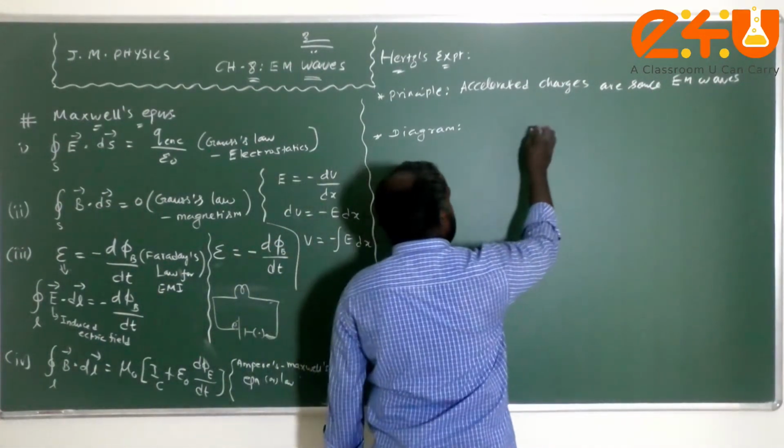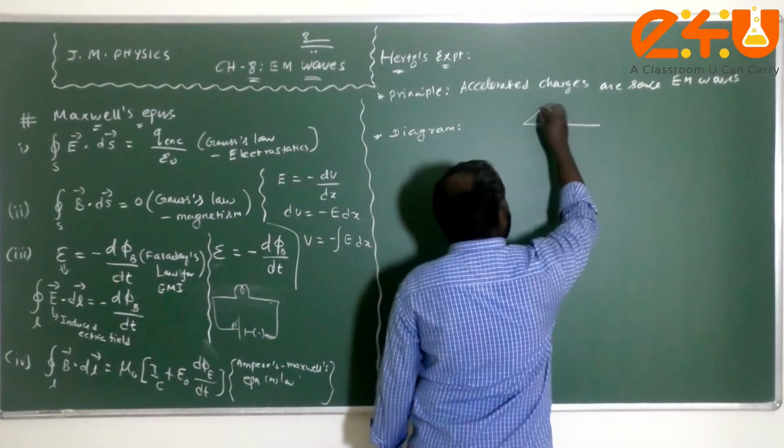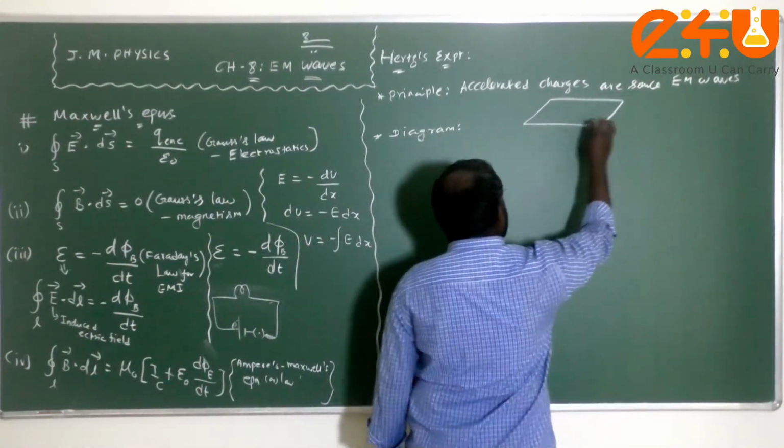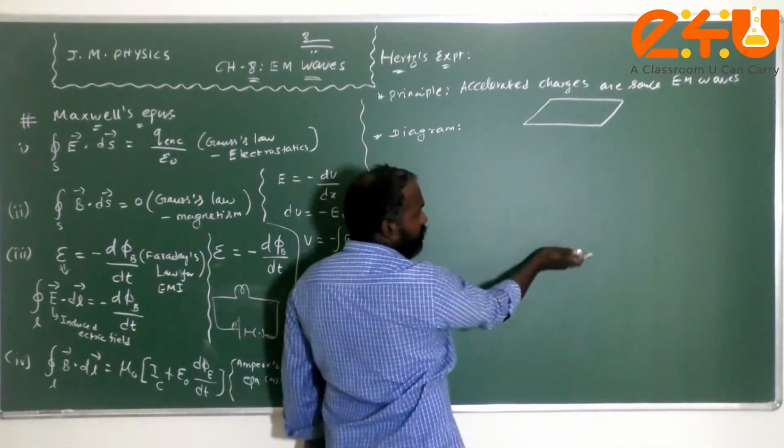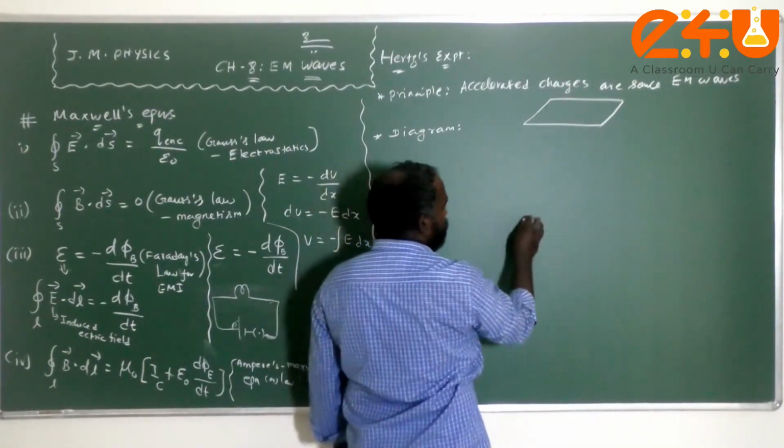In the diagram, you see there are insulated thin metallic plates separated by nearly 50 to 60 centimeters.